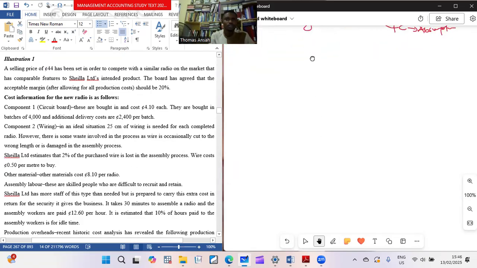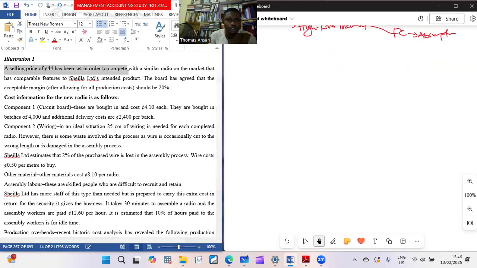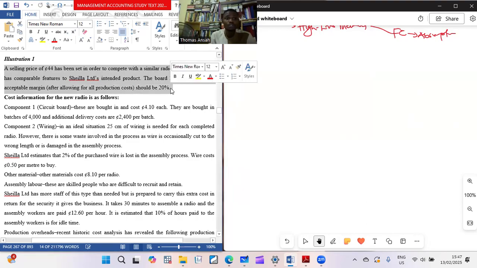It says that a selling price of 44 has been set in order to compete with a similar radio on the market that has comparable features to Sheila Limited's intended product. The board has also agreed that the acceptable margin after allowing for all production costs should be 20%.